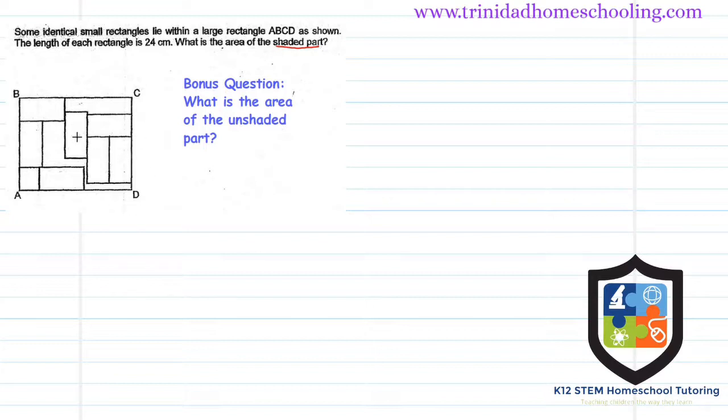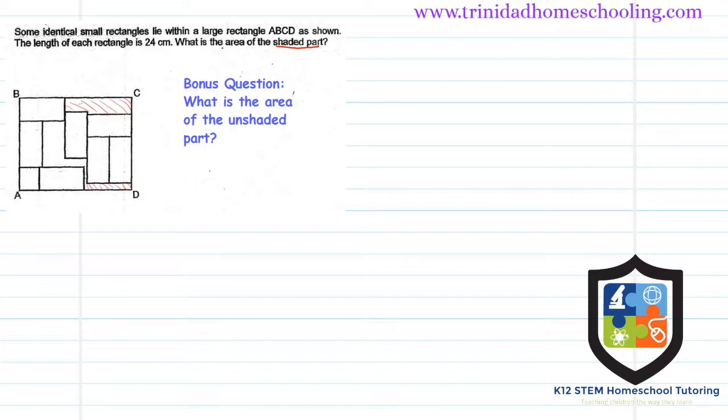Okay, so let's try to look for identical rectangles within this shape. Now we have this shape here, right? It's not a rectangle, so let's see if we could eliminate that. So it's not this piece here. We have this piece here, that's not a rectangle either.